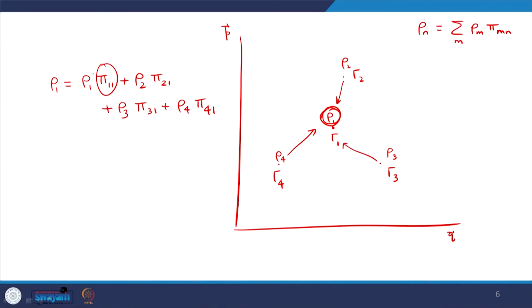if I have been here, multiplied by the transition probability of remaining wherever I was. Keep in mind that there is a possibility that I can remain in the same state and there is some probability, in this case pi 1 1, right.